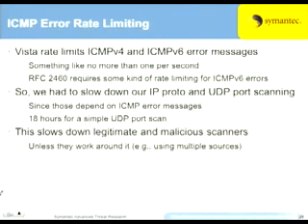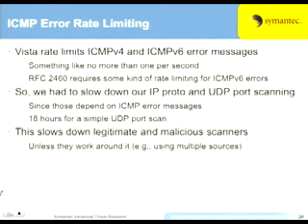One of the things we ran into is that Vista rate limits ICMPv4 and ICMPv6 error messages, to something like no more than one per second, which means we had to slow down our IP protocol and UDP port scanning. That's because those depend on seeing each and every ICMP error message that's produced.